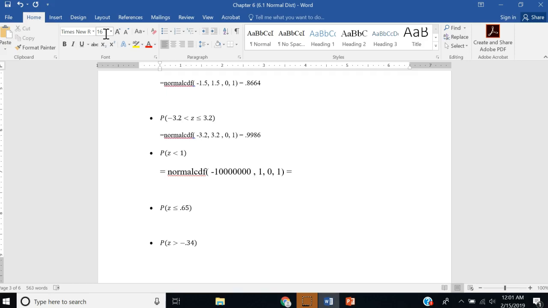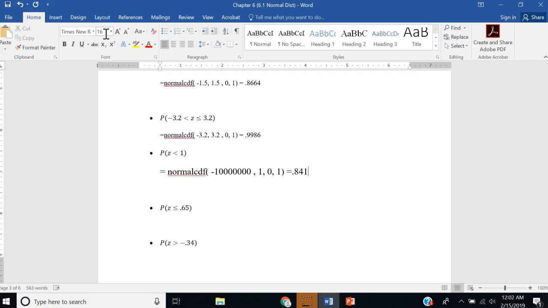By the way, if you would have looked this up in the book, they would have told you to do negative E99. And that's basically negative 10 to the 99th power. So that's just, again, another really big number.